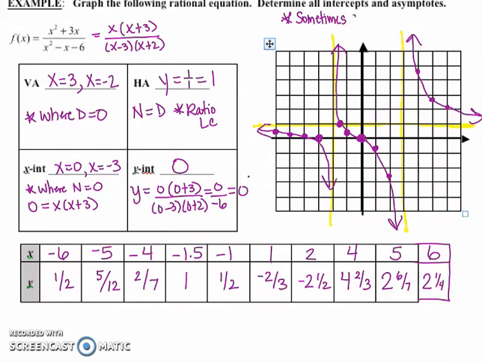Sometimes sections of the graph will cross horizontal asymptotes, but never vertical asymptotes, okay? So it is possible to cross a horizontal asymptote. You will never cross a vertical asymptote, though.